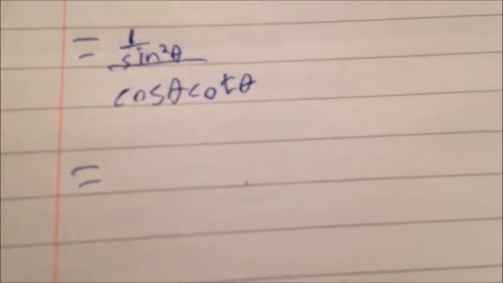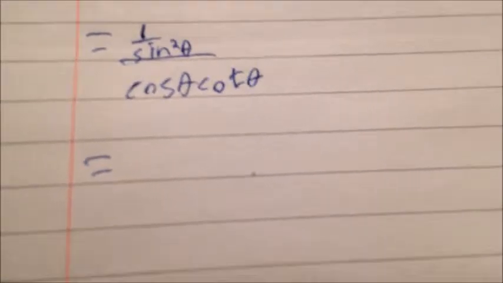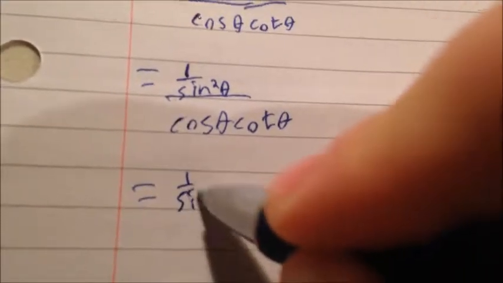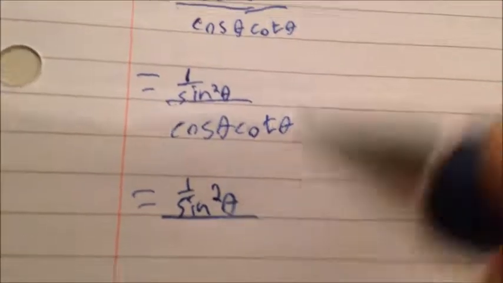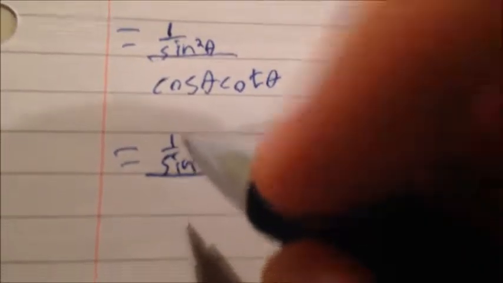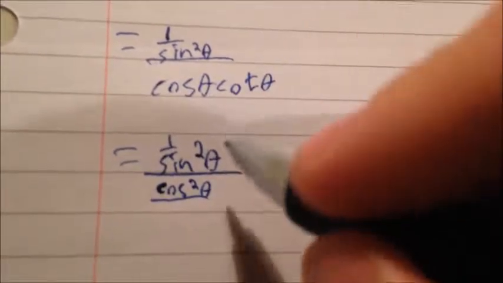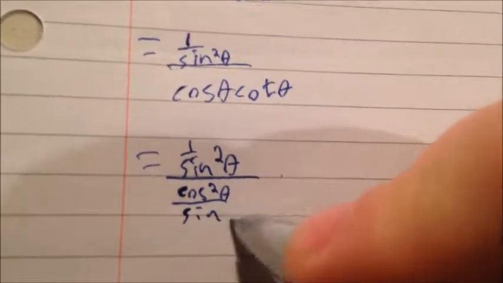So cos theta cotangent theta equals, we turn that into cos squared theta over sine theta. So we'll have our 1 over sine squared theta all over cos squared theta over sine theta.